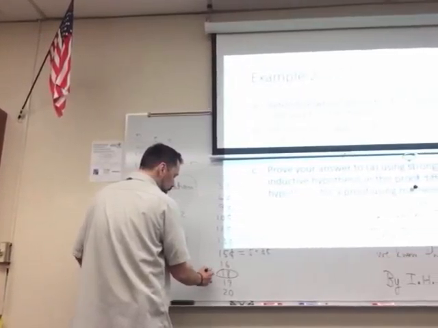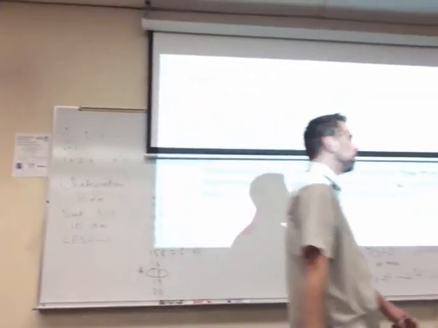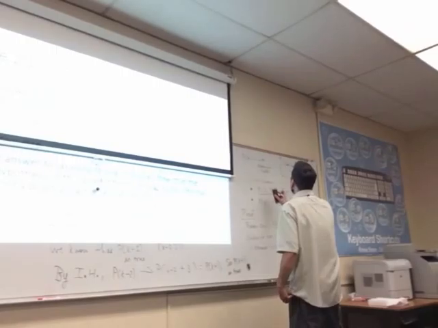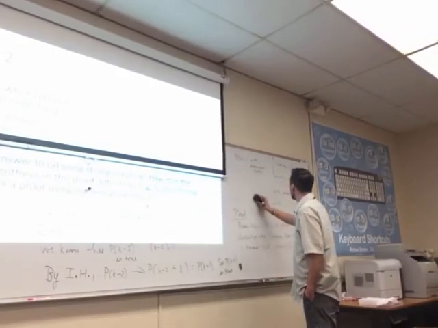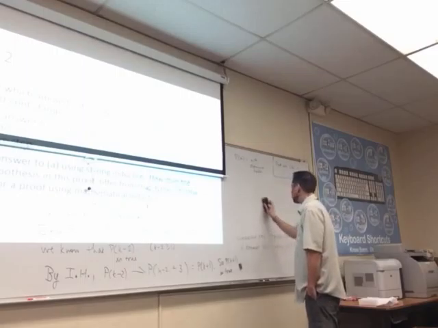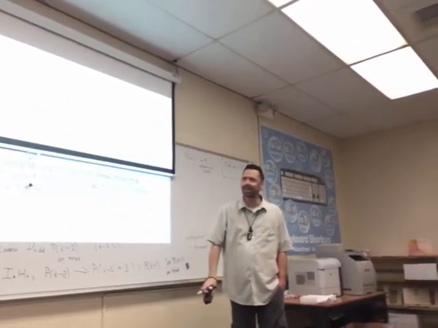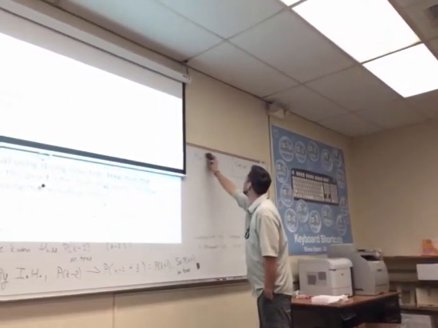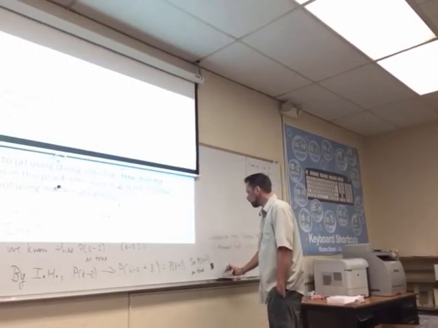I don't know what prompted me to do this, because I don't usually do this, but I'm glad I did. I actually have the solution all written out on the next slide for letter B. So let's take a look at it.